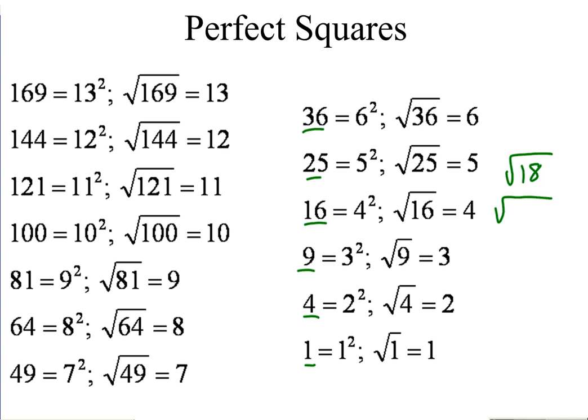What number divides evenly into 18? 9. 18 is 9 times 2. What's the square root of 9 now? Well, that's just 3. You're left inside the radical with a 2. So that's how we would break down root 18, and that's how you would see that answer written on an ACT. There's other ways that we're going to talk about where if you can't break these down, it should not be a reason to get the problem wrong because you should be able to get decimals and match things up, but this is going to be the quickest way of getting to solutions.